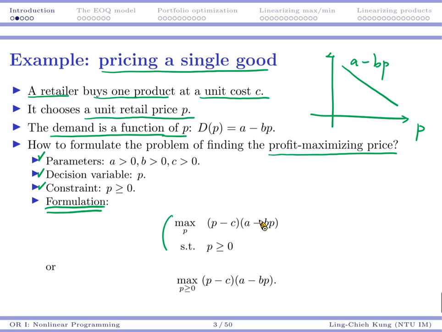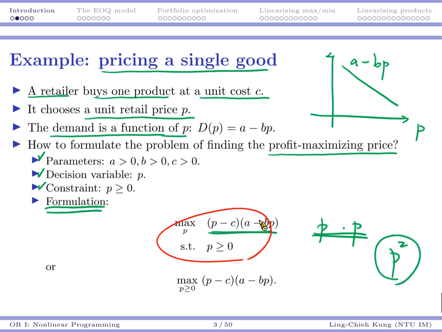Sometimes we want to write it in this way, or sometimes some people will say, okay, this constraint is so simple, I'm going to put it below the maximization operator. So in either way, you understand they are talking about the same thing. So in this case, this is nonlinear, all right? Because P times P, this is P squared, and this is obviously not a linear function. So that's why we say this guy is a nonlinear program.